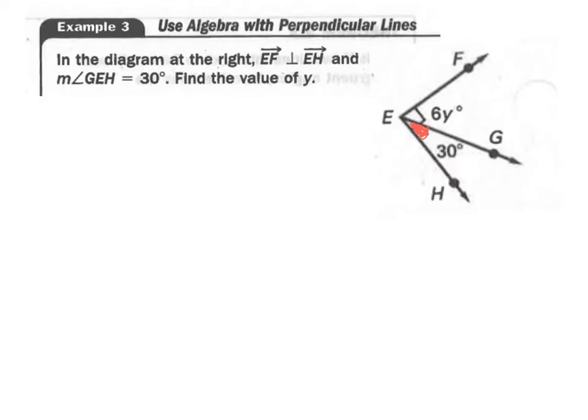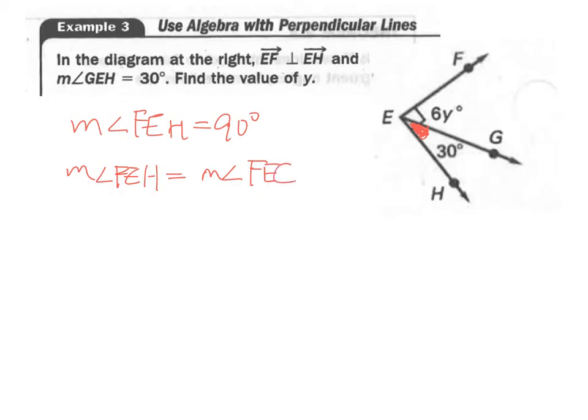So if we know that the angle measure of FEH is 90 degrees, we also know that the angle measure of FEH is composed of the angle measure of FEG and GEH.